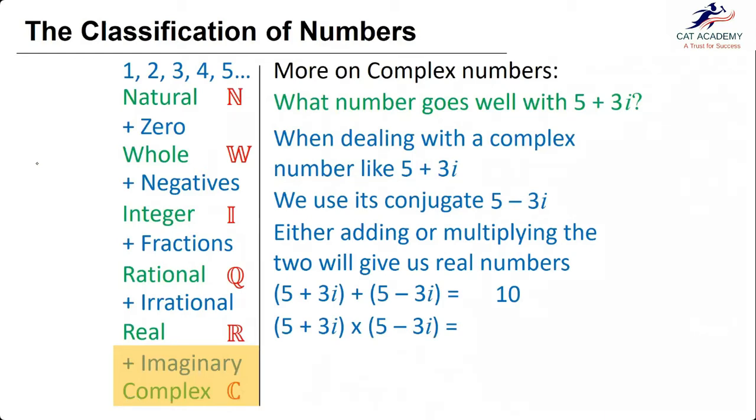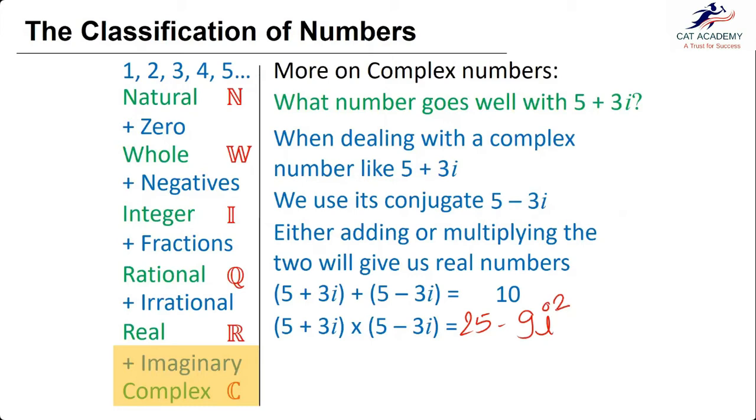All of us know this. So a square minus b square: 5 square is 25, minus 3i the whole square, that is 9i square. So 25 minus 9i square.